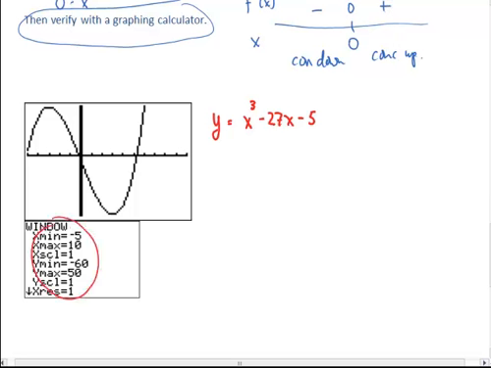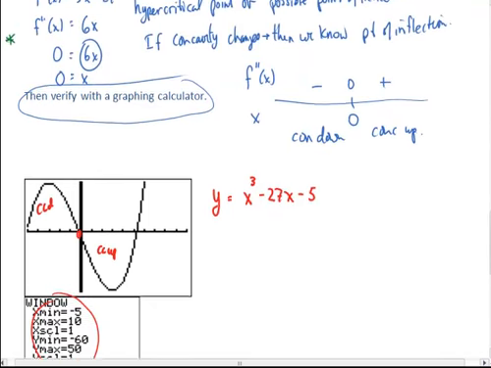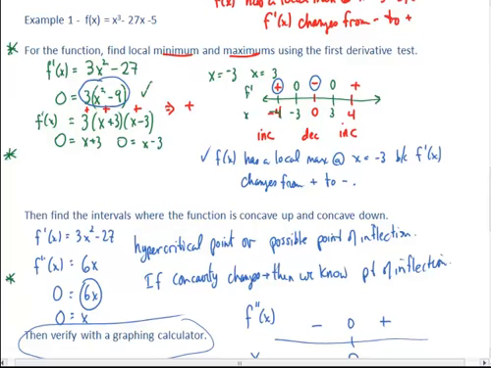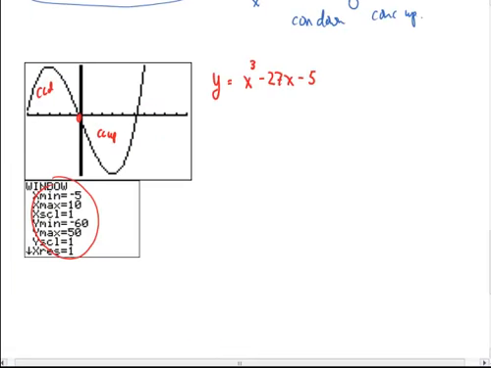But you should notice that at 0 we have a point of inflection that connects a concave down region with a concave up region, and we said that at x equals -3 we have our relative max, and at x equals 3 we have our relative min.